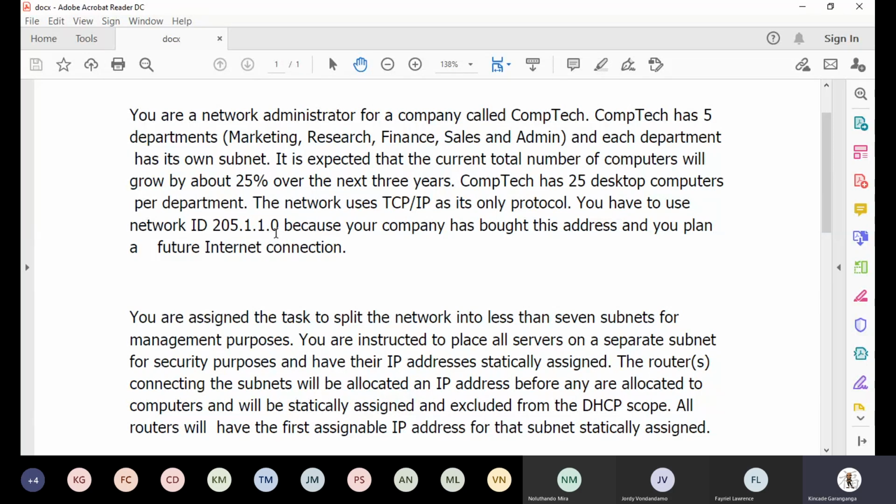It's a network ID. Remember, with Class C, by default, the first three portions, 205.1.1, identify the network, and the last part identifies the actual host. But because you've got a zero there, you're not identifying any distinctive host. That's the reason why it's treated as a network ID.